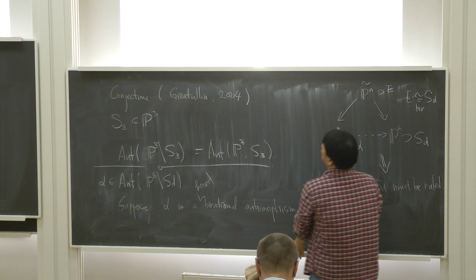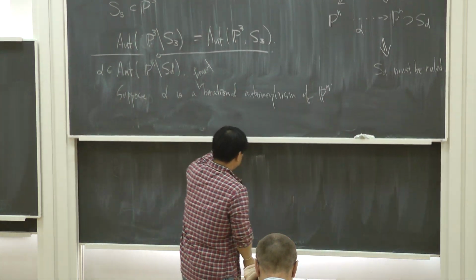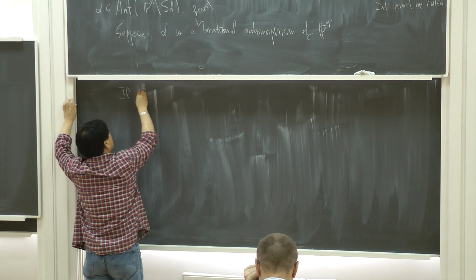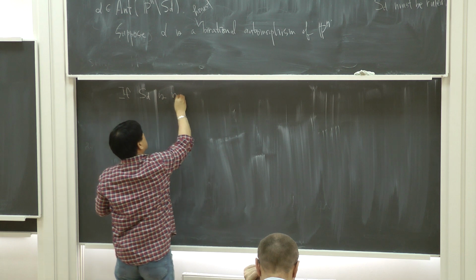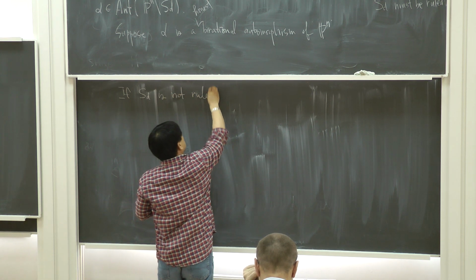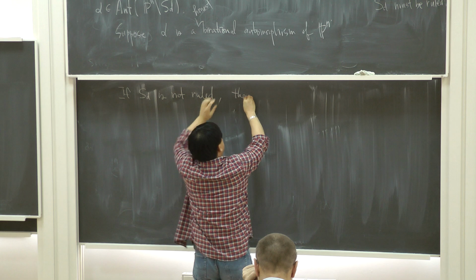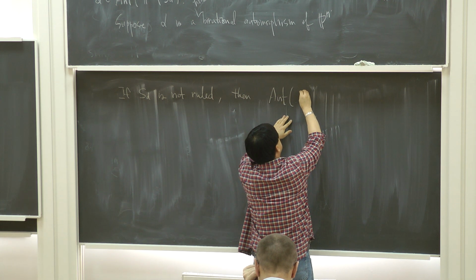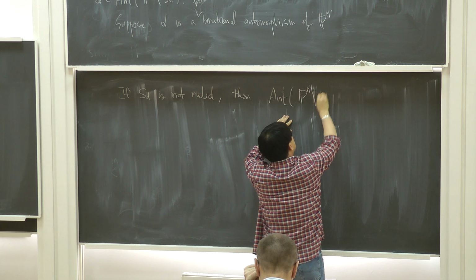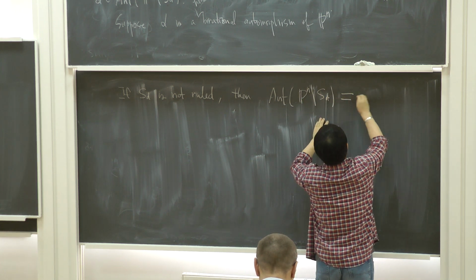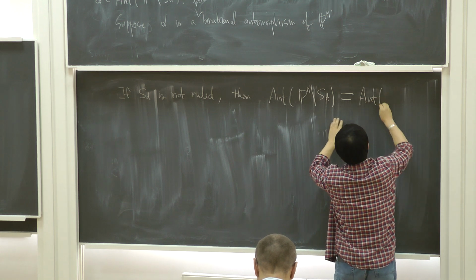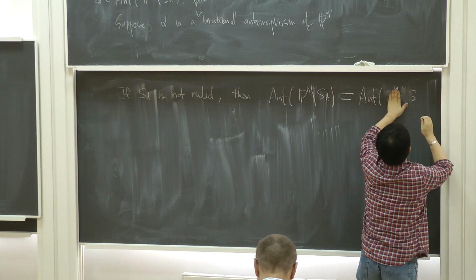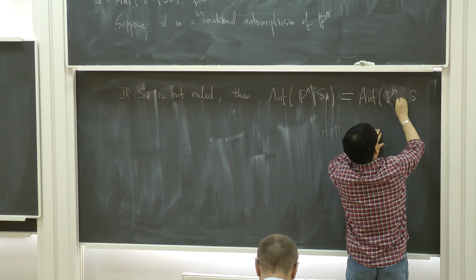So you can say if your hypersurface Sd is not ruled, then this means the two automorphism groups coincide, for Pn and Sd.